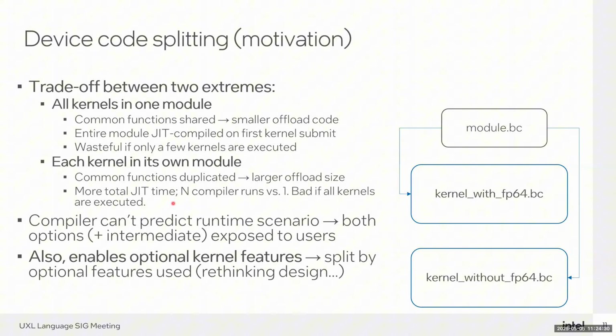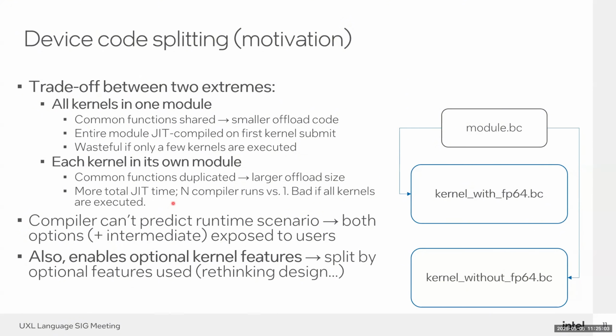So the device code splitter allows both scenarios and also intermediate scenarios. Basically, you can put together all kernels and then split them per module in some specific way that you need, or that is dictated by some additional requirements.